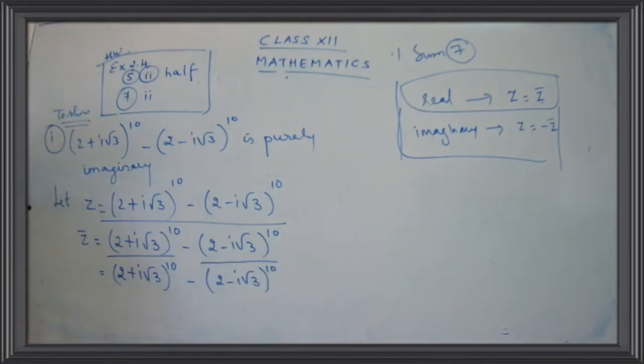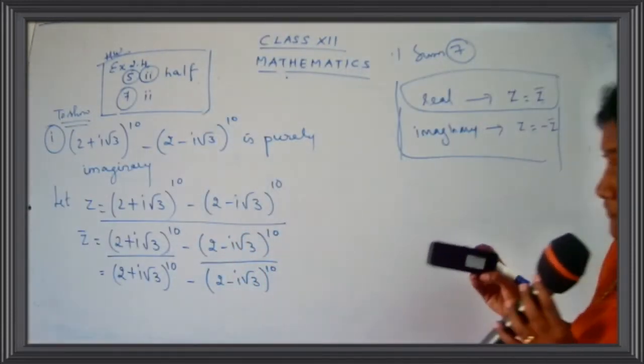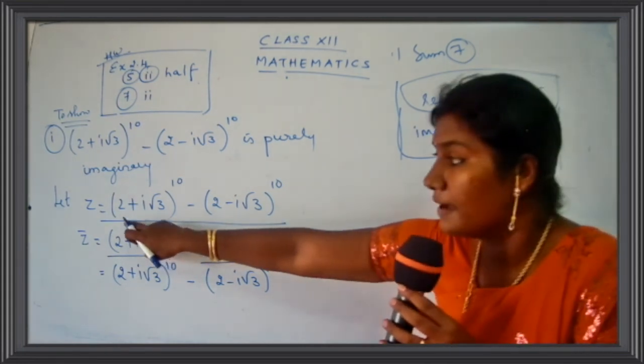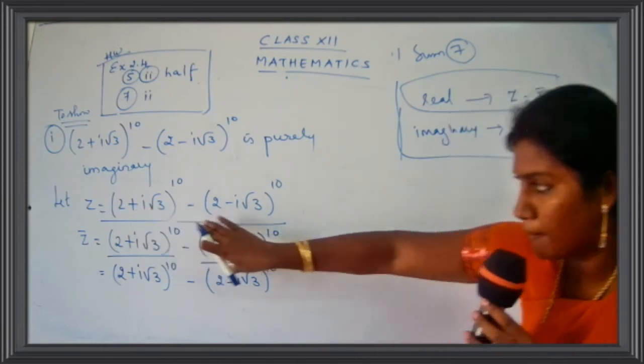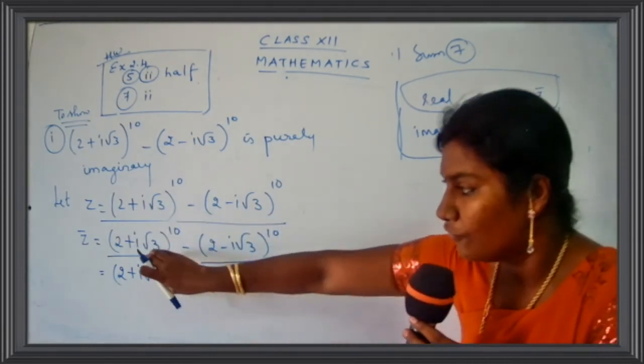Clear? What was the first step? The first step was the question; we directly took the question. What is the second step? We have given a bar. What was the third step? We have given the bar separately. First the bar was given for the whole number. Now I am giving the bar for each number.